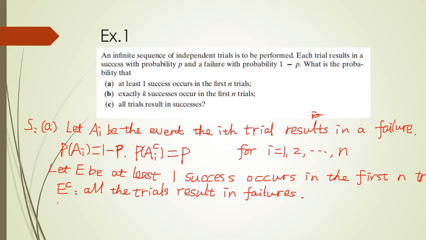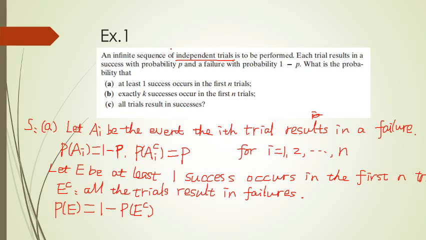If we are going to find the probability of event E according to the proposition, that will be 1 minus the probability of the complement of event E, right? There is no problem. Then all the trials result in a failure, and each trial is an independent trial, right?